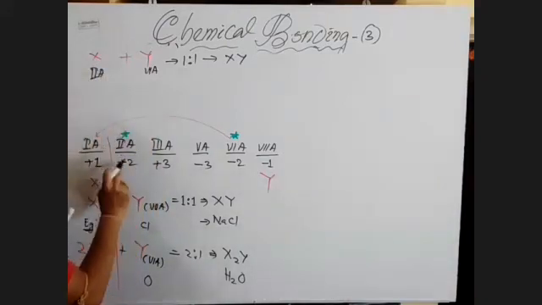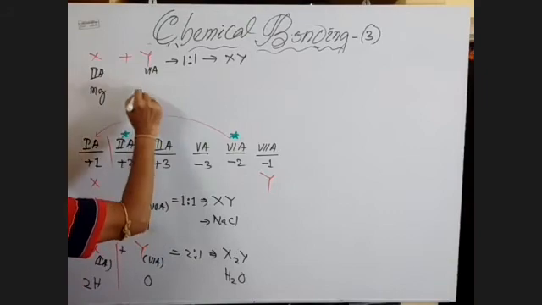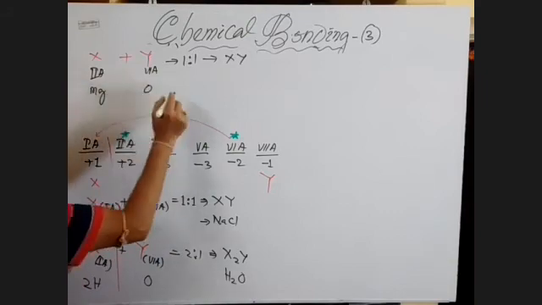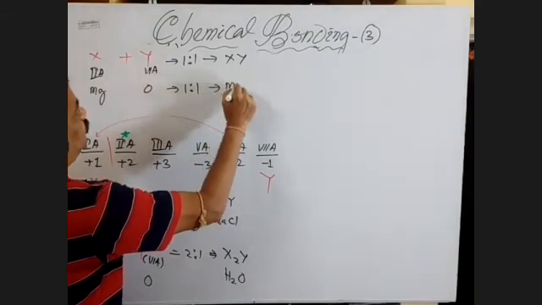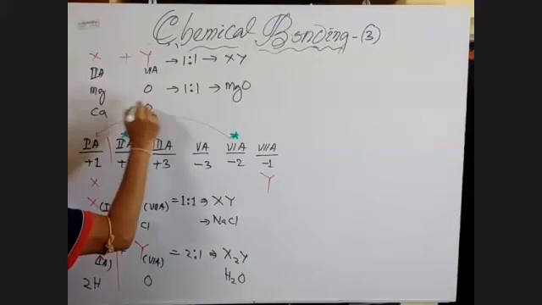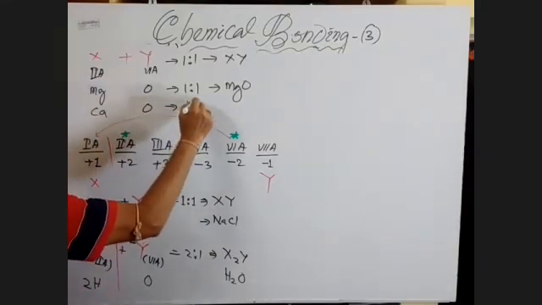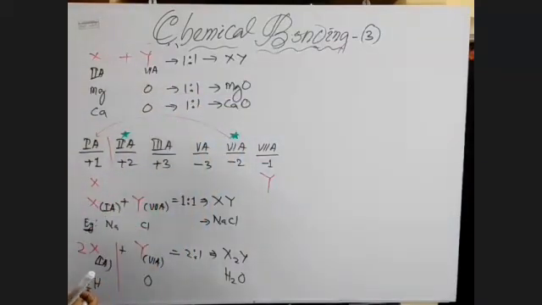For example, if I am taking magnesium and oxygen, what is the ratio? 1 is to 1 ratio. The formula will be MgO. If you take calcium with oxygen, that is also a 1 is to 1 ratio. So it will form CaO. This is the chemical formula of CaO.